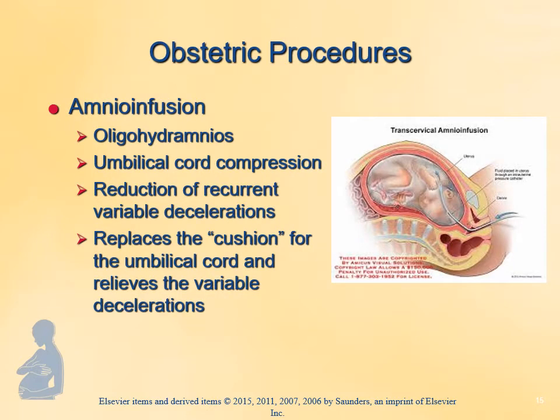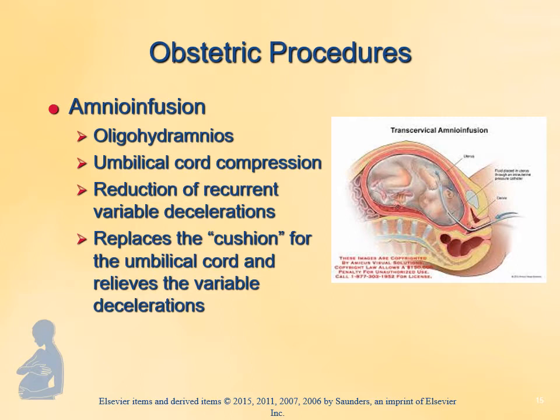An amnio infusion is something that can be done for a couple reasons. If we're seeing a lot of variable decelerations in the fetal heart rate, indicating that maybe there's some umbilical cord compression going on, what we can do is place this catheter inside the uterus and instill fluid to help take off some of the pressure that the cord is sensing.